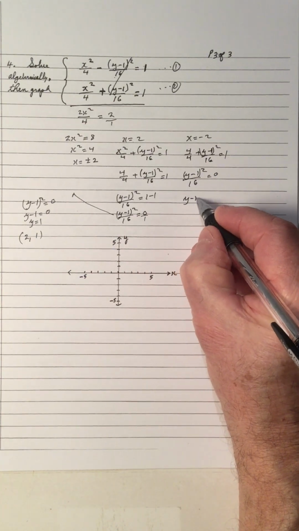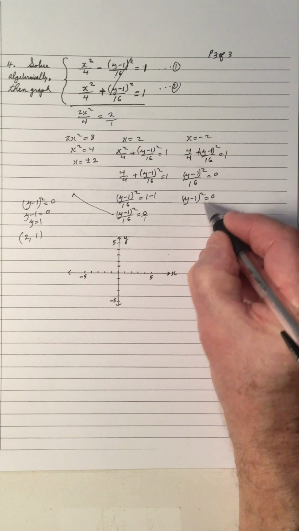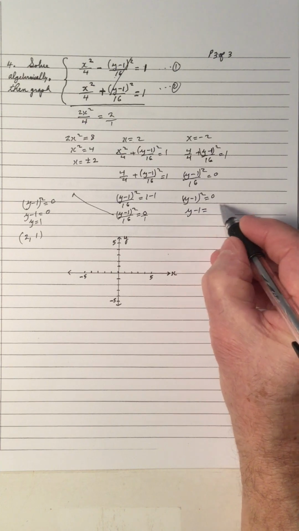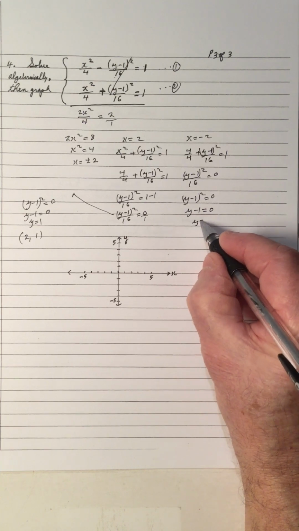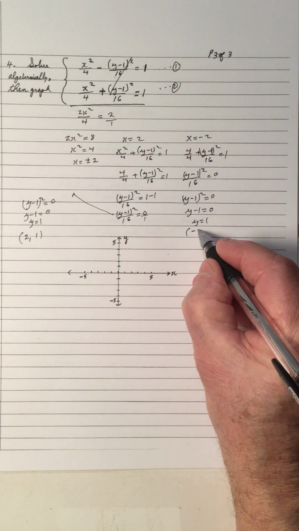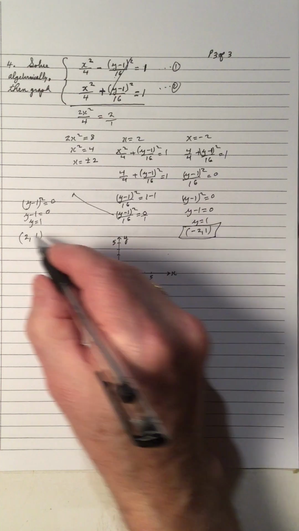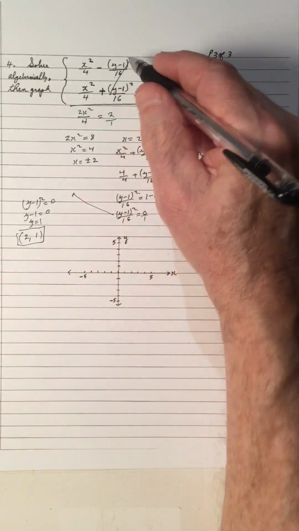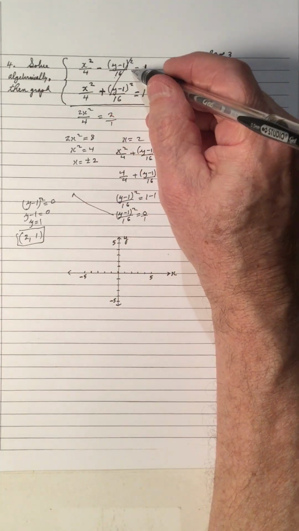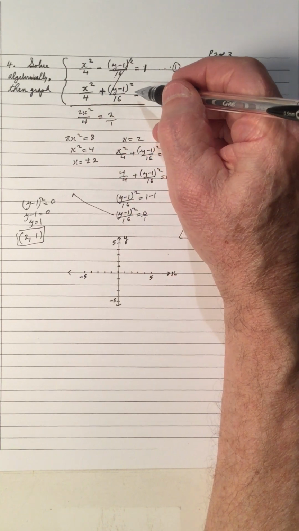So y minus 1 squared equals 0, y minus 1 is 0, so y is 1. So that means when x is negative 2, y is 1. So these are the 2 points where the hyperbola and the ellipse intersect.